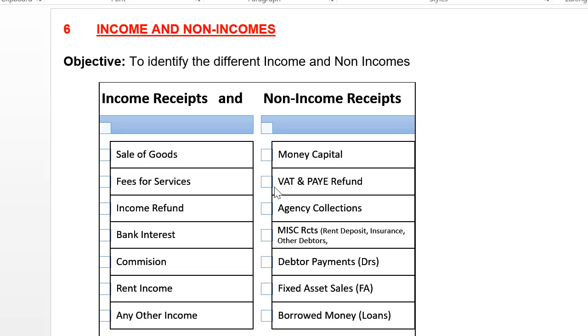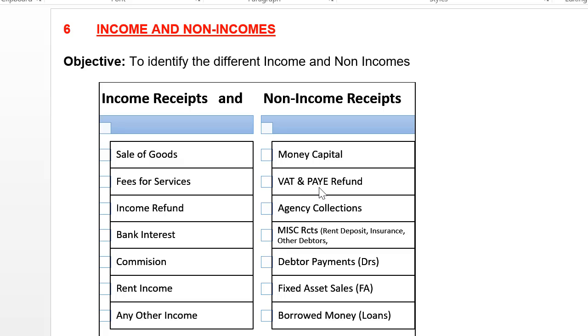The VAT recovered on sales is known as output VAT, and the VAT paid on purchases for the business is known as input VAT. So if output VAT is more than input VAT, then the difference is paid to the VAT authorities. If input VAT is bigger than output VAT, then the business gets a refund.